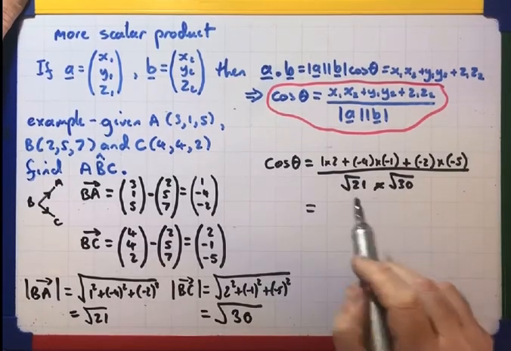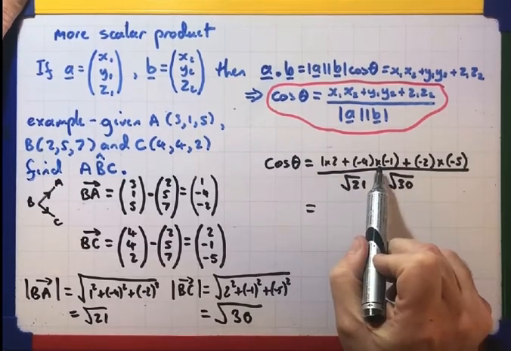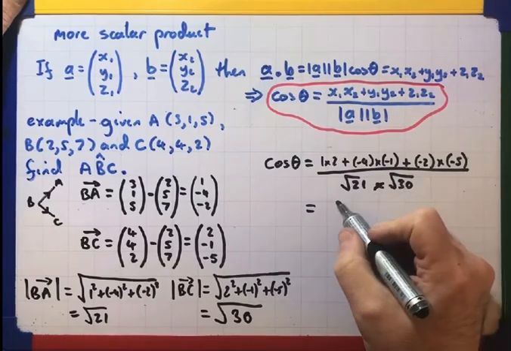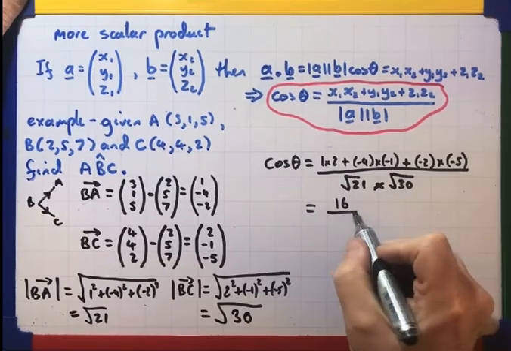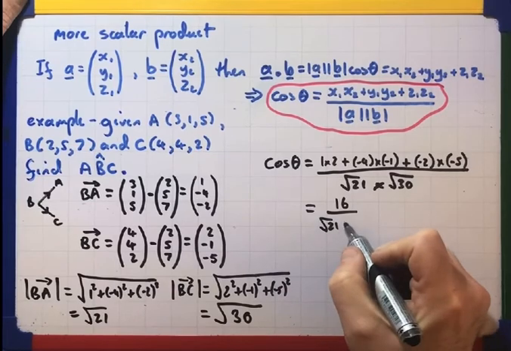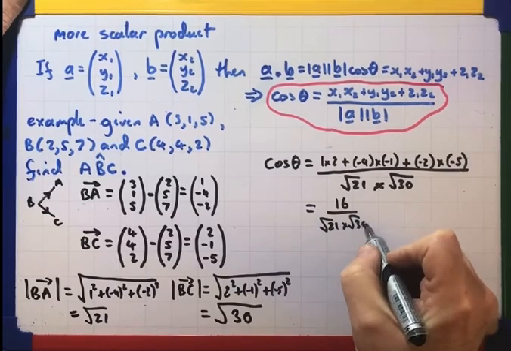So what have we got here? 2 plus 4 is 6, plus 10 is 16. We've got 16 over root 21 times root 30.